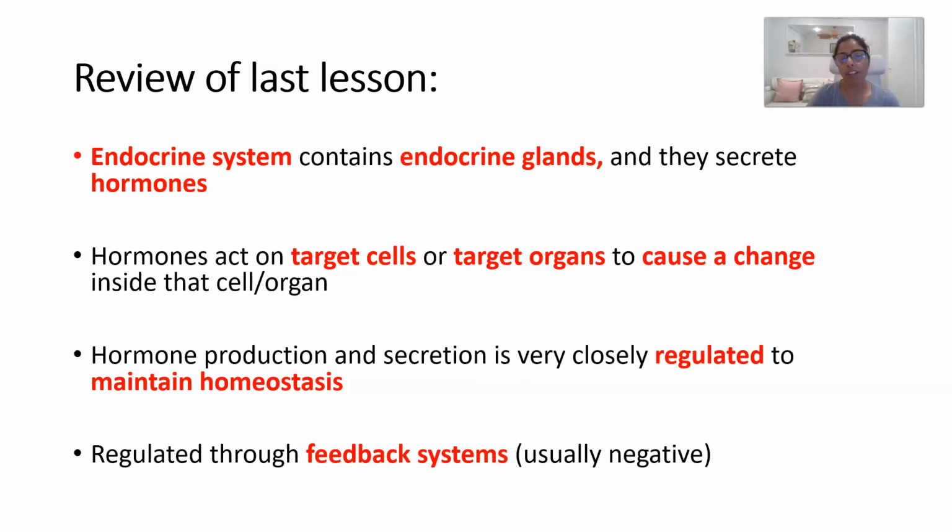Hormones are specialized because they only act on target cells or organs, and they initiate or bring about a change inside a cell or organ. Now, the endocrine system plays a very, very big role in maintaining homeostasis. The main way it does this is through a series of feedback systems, which are normally negative feedback.